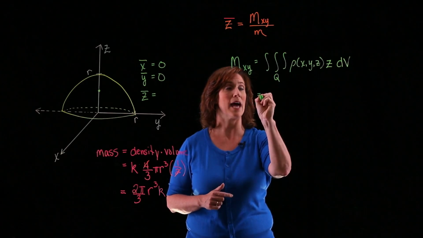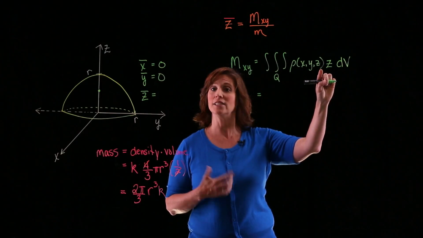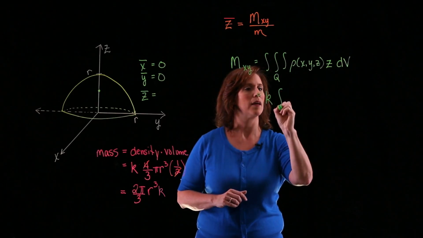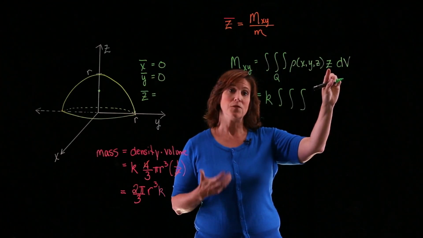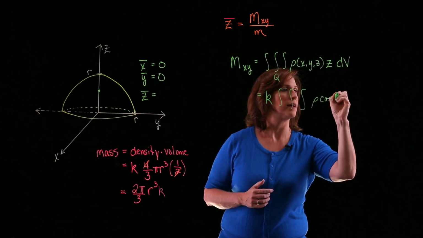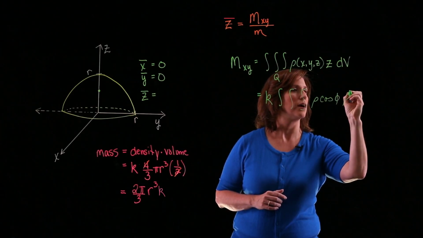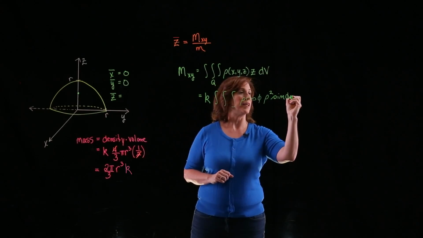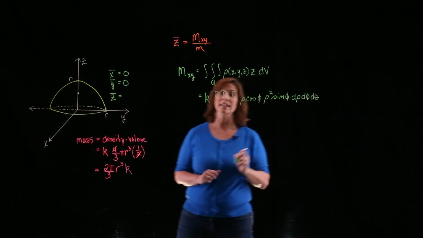The first thing I notice is that this density function is just a constant, so that can be pulled outside of my integral altogether. So I'll pull the k out. Z, I know in spherical coordinates, is going to be rho times the cosine of phi, and dv is rho squared sine phi d rho, d phi, d theta.